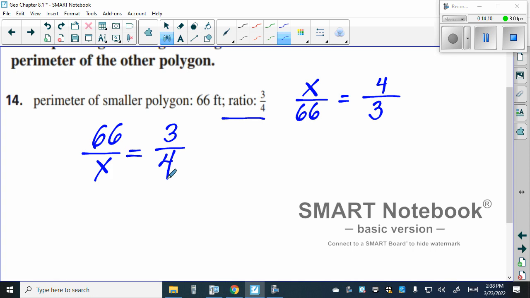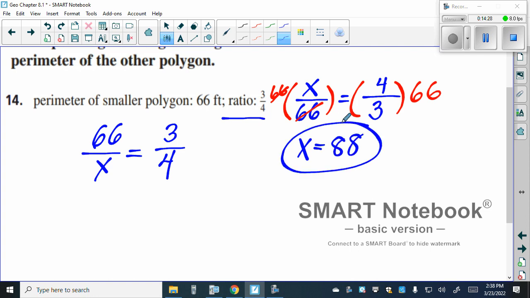Well, if we flip it, it's going to work just as well. And here we just need to multiply both sides by. So here these would cancel out, telling us x is equal to. And that would be our perimeter. Questions on this here?